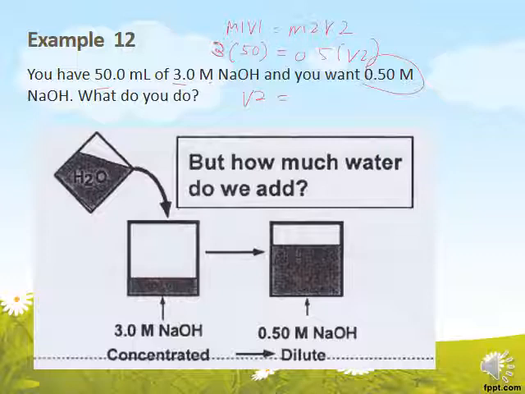So V2 here is 300 ml. You already have 50 ml, but the total volume has to be 300 ml. So it means you have to top up another 250 ml of water so that you get 0.5 molar.